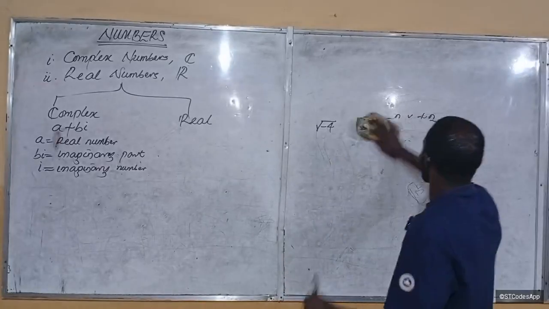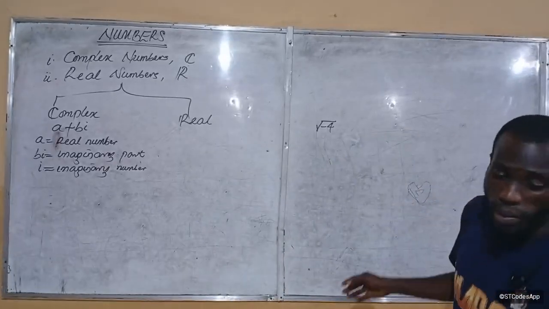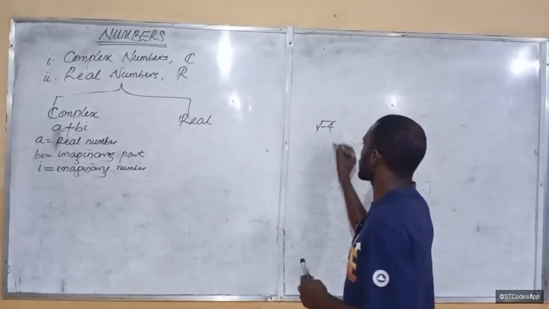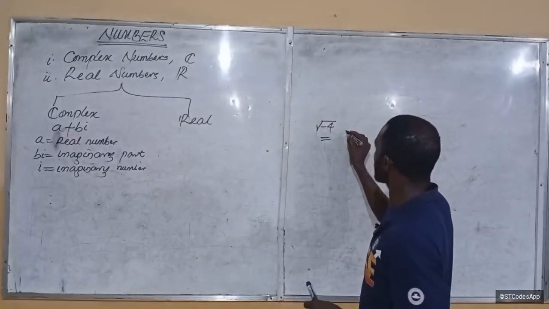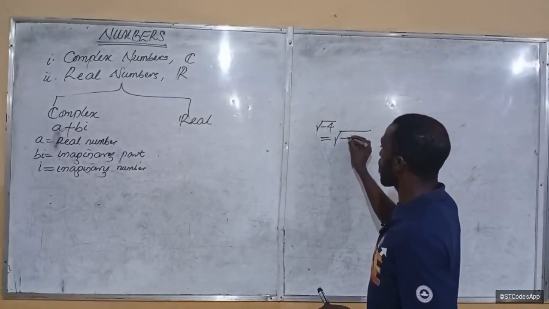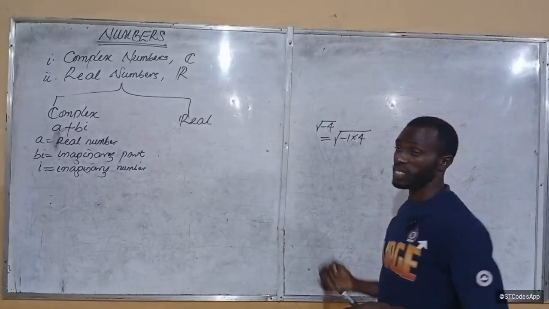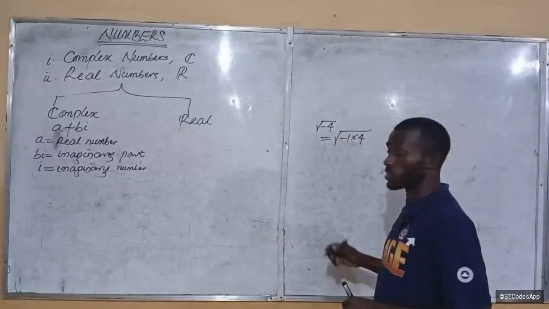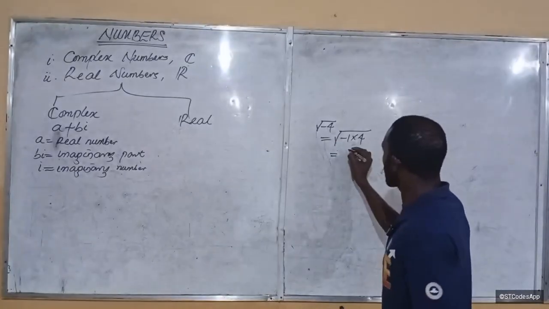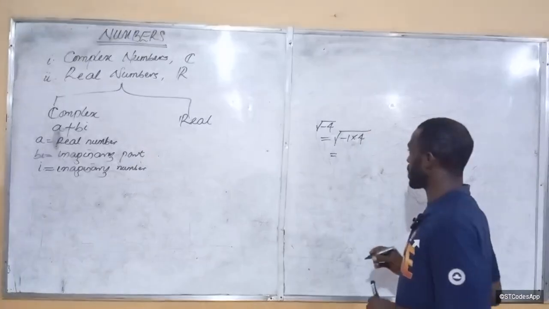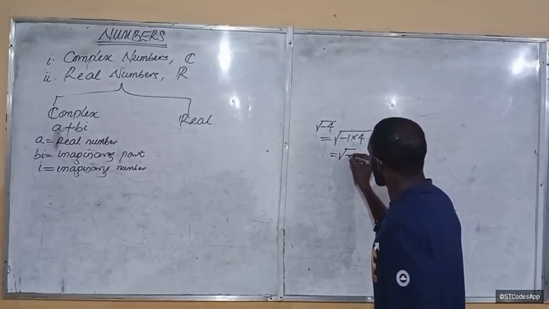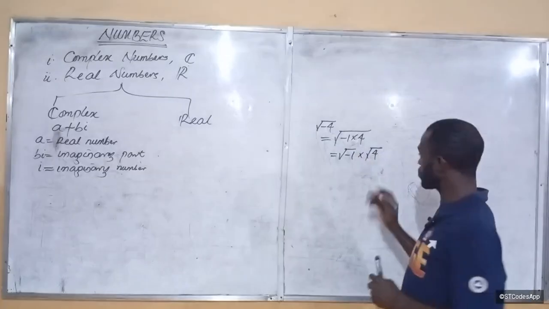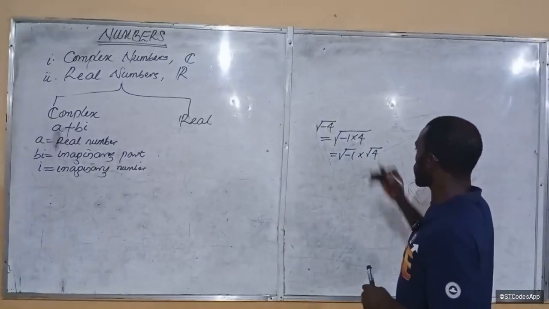So they came across the problem of finding the square root of a negative number, and what they did was this. I can split this expression into minus 1 times 4. This makes sense, right? Minus 1 times 4 is still minus 4. In roots, I break this into two parts: square root of minus 1 times square root of 4.